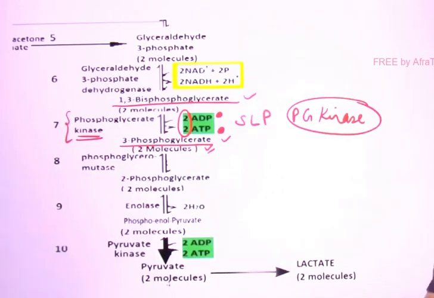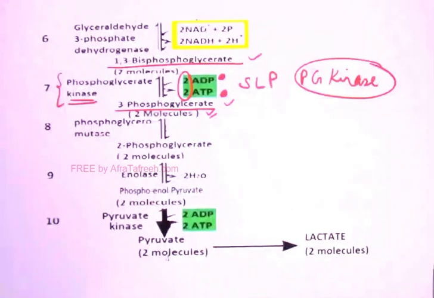If I break this bond here, then I won't be able to get enough energy to make ATP, right? So what we have to do is that first we have to make this bond high energy and then we will break this last high energy bond. So our next 2 steps, that is the 8th and 9th step, are like a preparation to make a high energy bond. So let's see the detail.